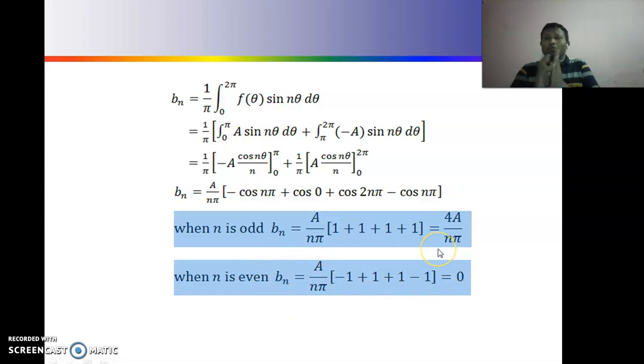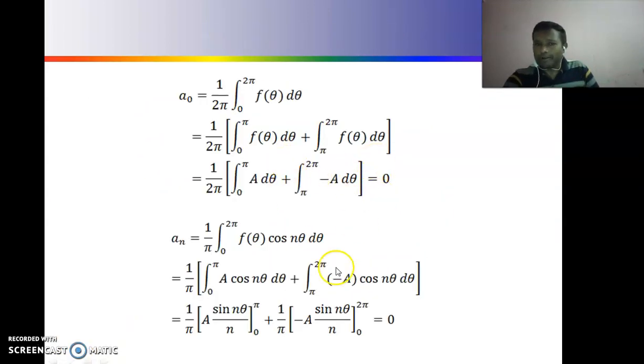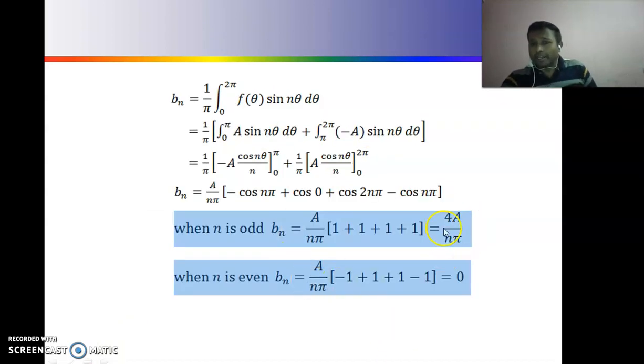So far we have tried to find three important Fourier coefficients, an, bn and a0, where we come to know that for this particular signal the value of a0 is 0, the value of an is 0, and the value of bn is either 4a upon n pi or 0, depending on whether n is odd or even.